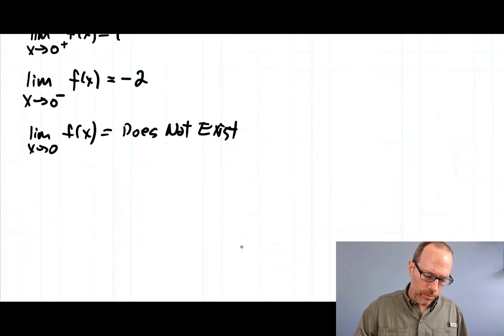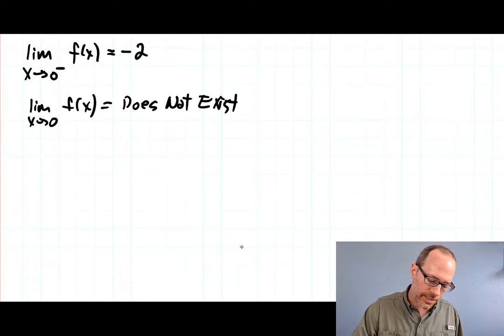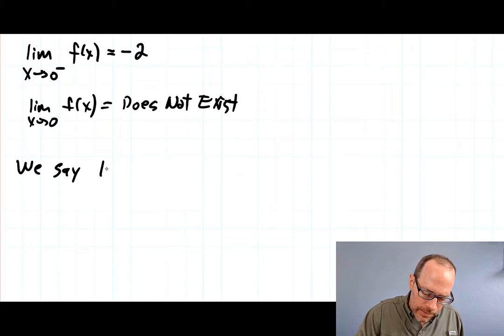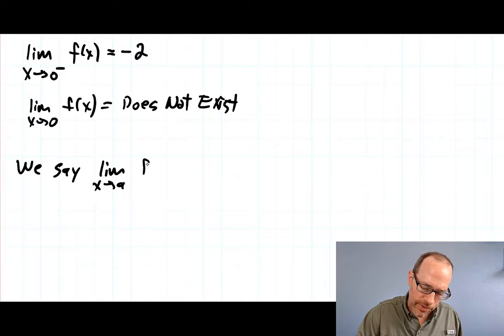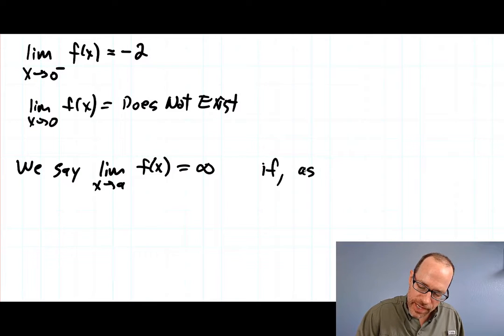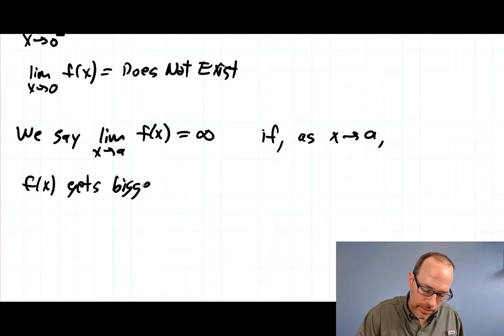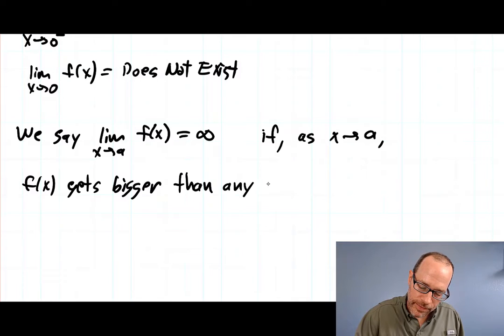All right, there's one more scenario that we're going to talk about here, and that's called infinite limits. We say the limit as x goes to a of f of x is infinity if, as x is getting closer and closer to a, f of x gets bigger than any number, any fixed number.